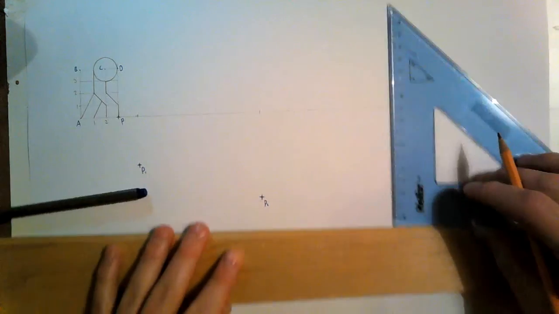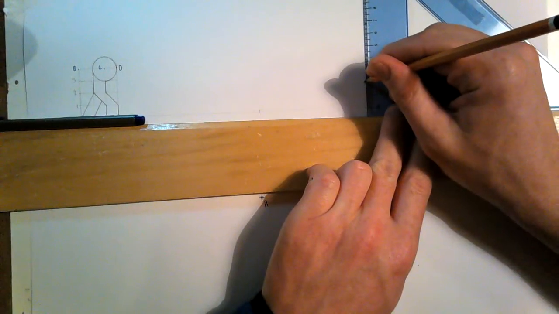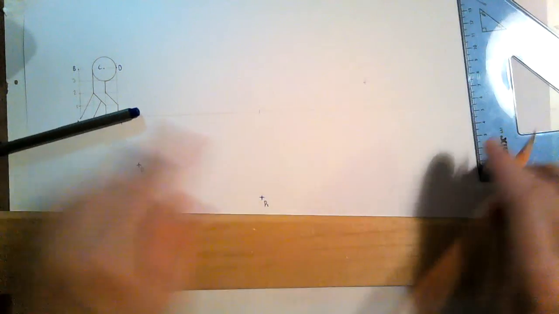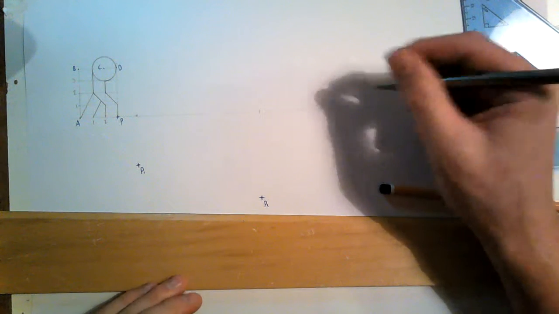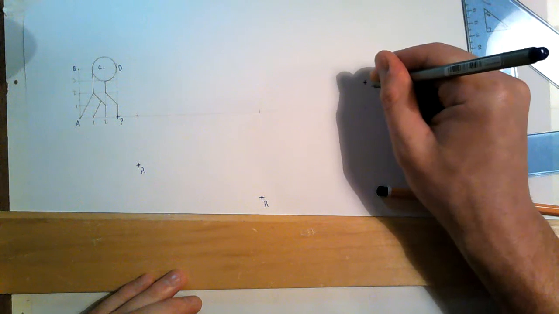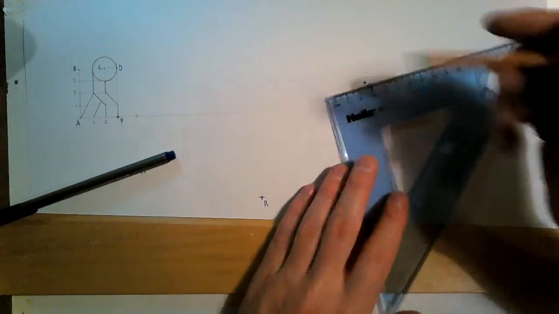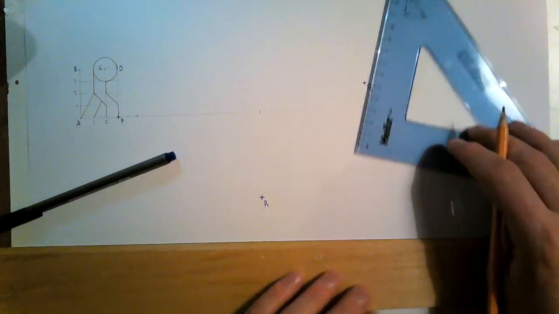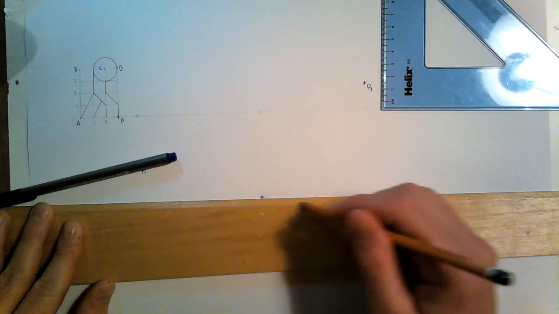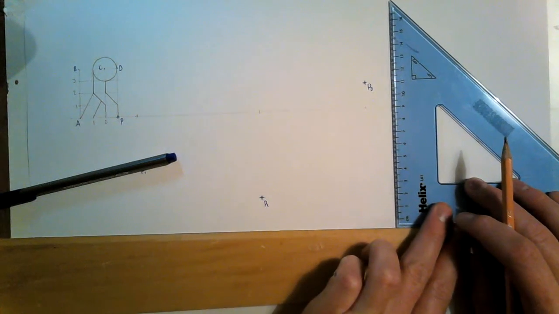So that is up 20, over 85, which is P3. And our final one is P4, so it's out another 20, and it's on the same axis as P2, which is down 70.